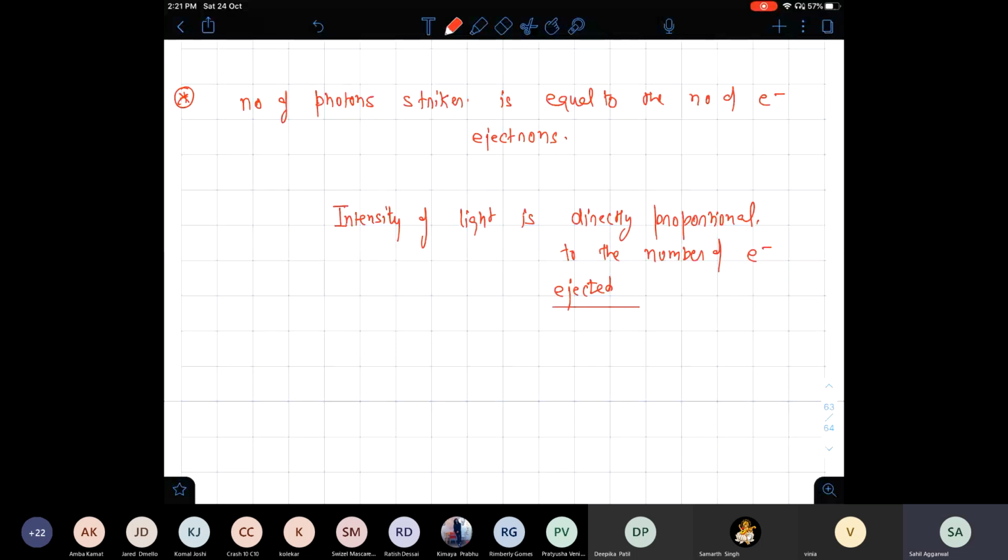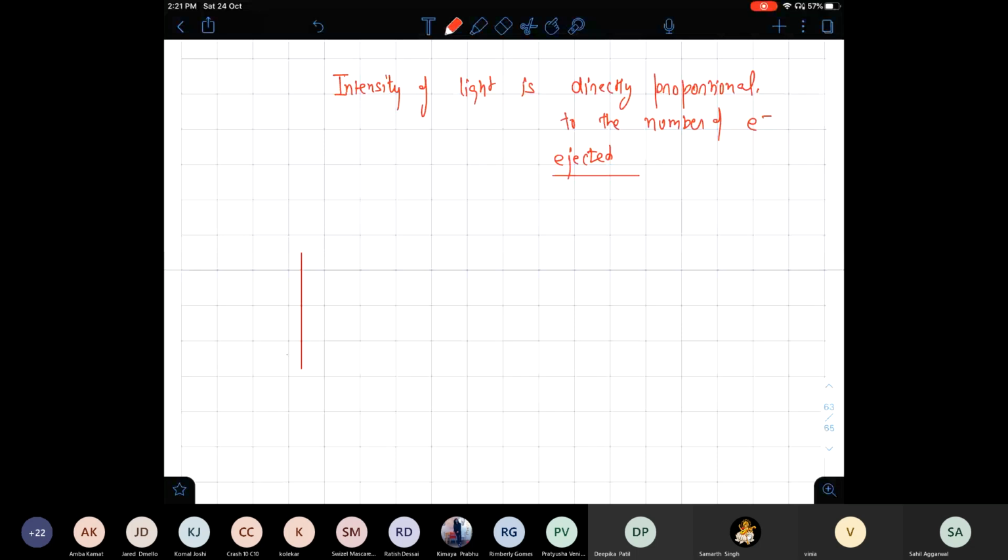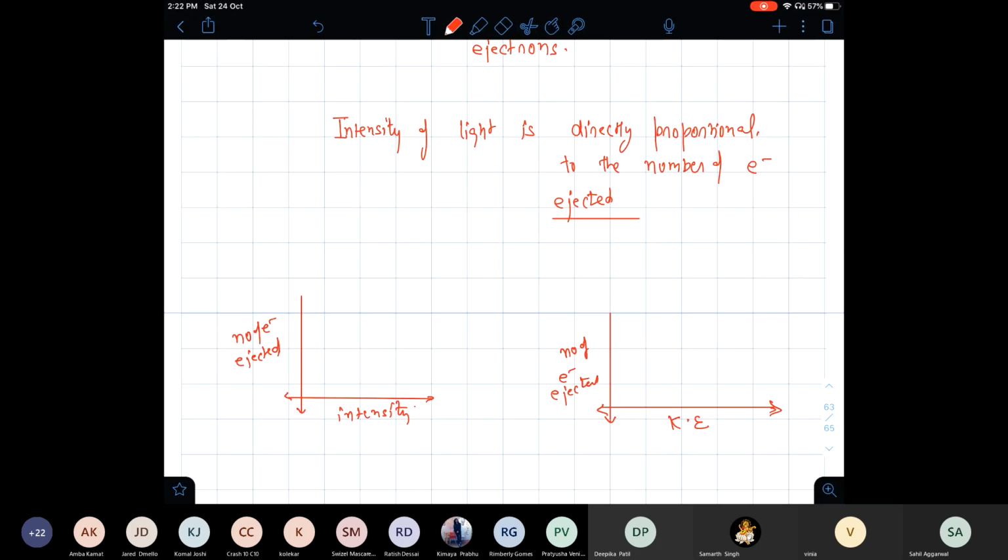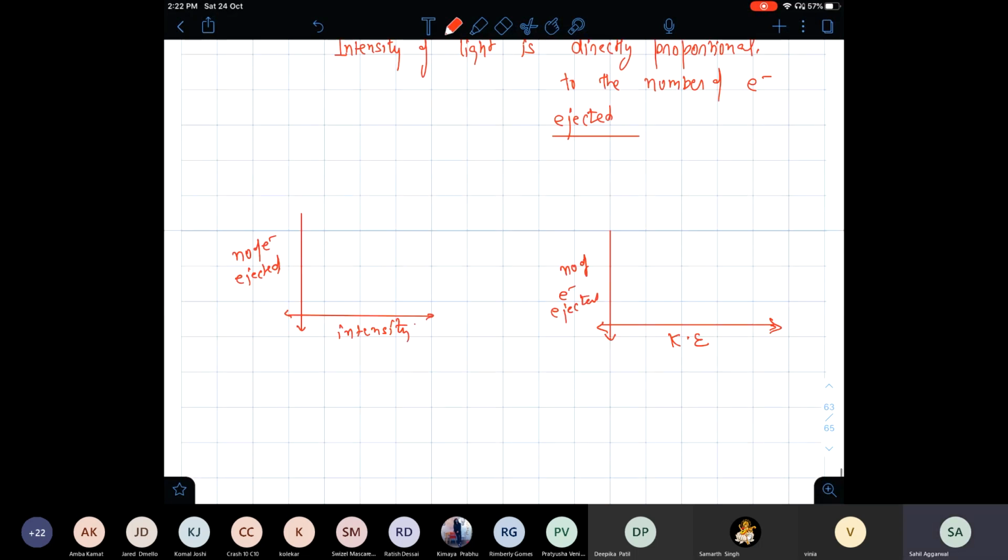That means if we make a graph between number of electrons ejected and intensity, and if we make a graph between number of electrons ejected with kinetic energy, then what type of graph will we get?